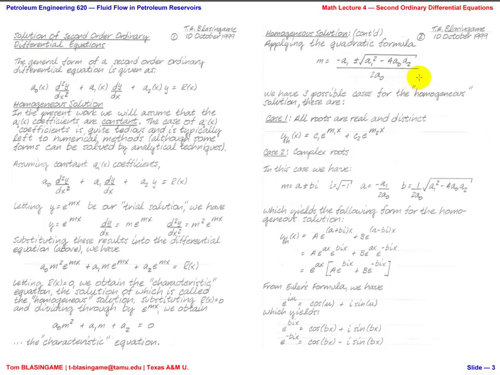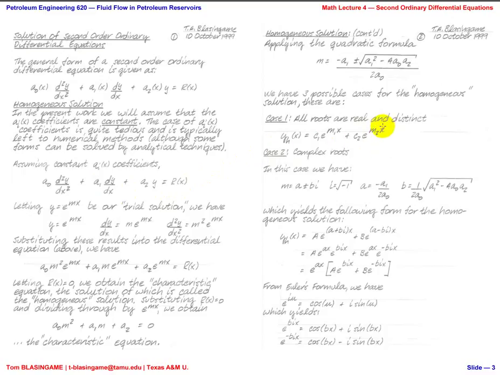For the first case, if the roots of this characteristic equation are real and are different from each other, the general solution for this equation is going to be given by this equation, right?